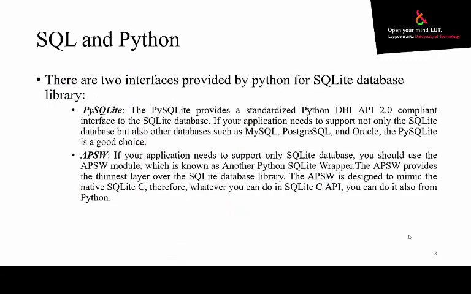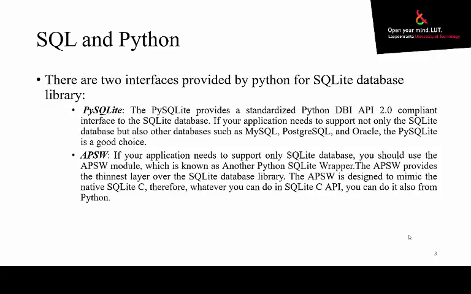As I said, our focus for this week is SQL and Python. Python provides you two APIs, two interfaces, for SQL libraries. We have PySQLite, which is a standard Python DB-API for SQLite databases.